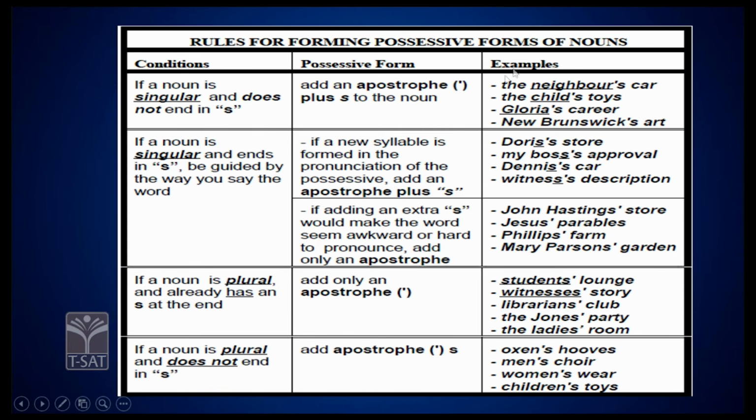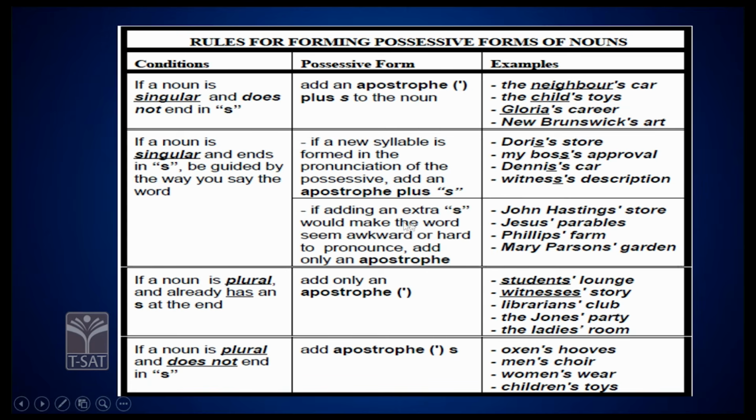So we'll try to identify this. Doris's store, Doris's store. So this is pronunciation. My boss's approval, my boss's approval. Dennis's car, witness's description, something like this, right?